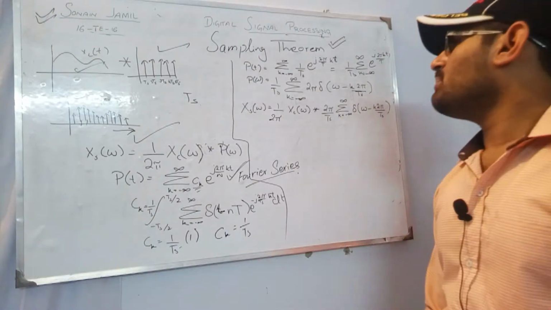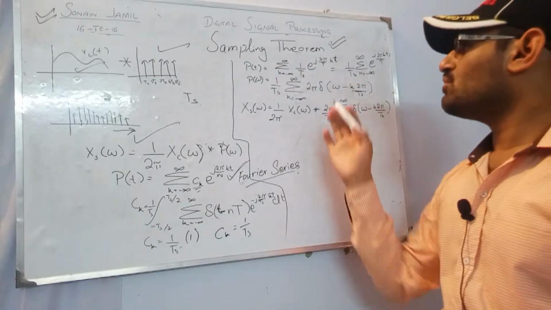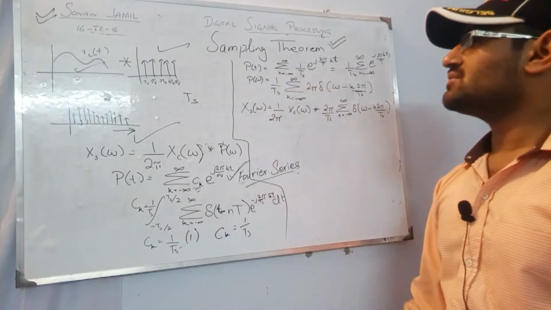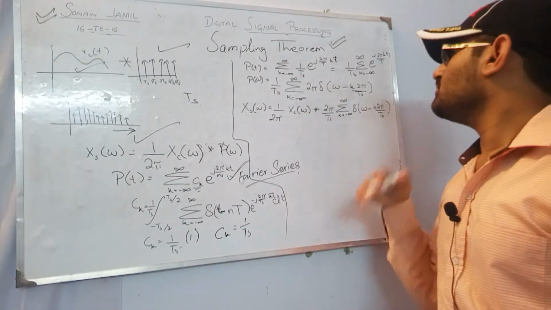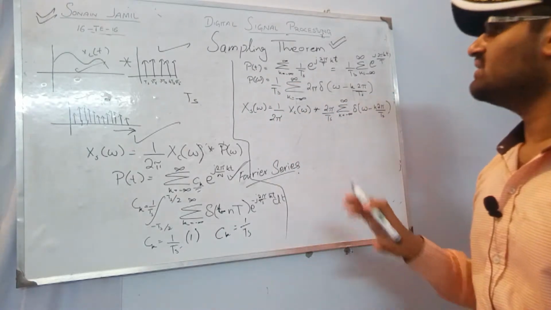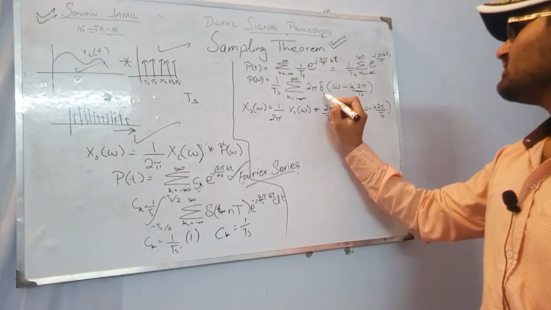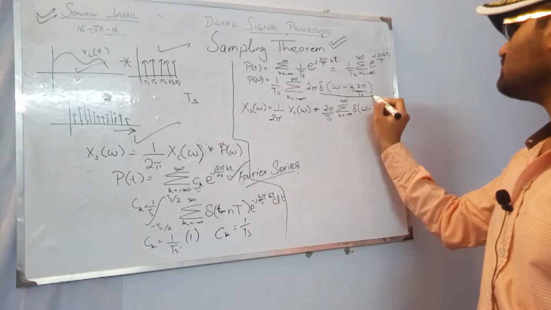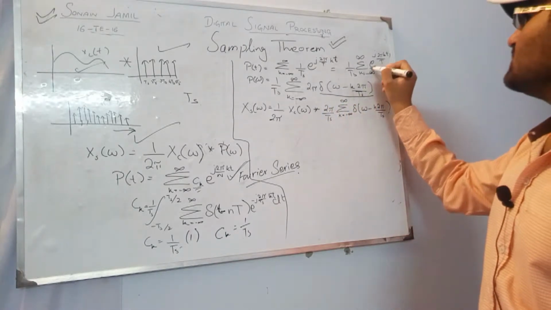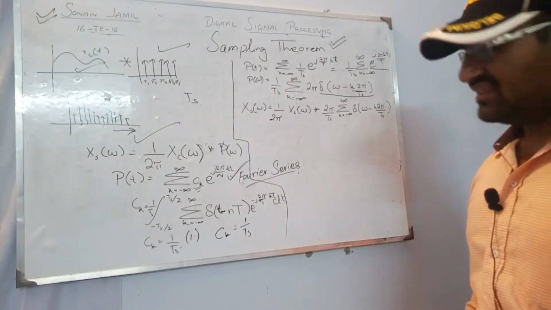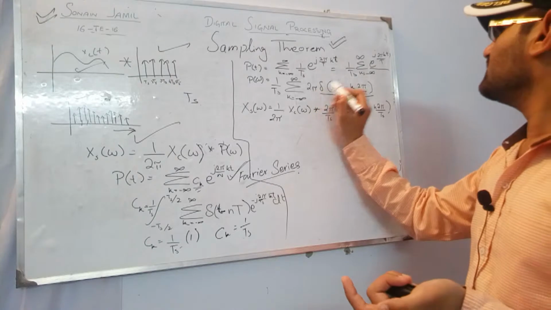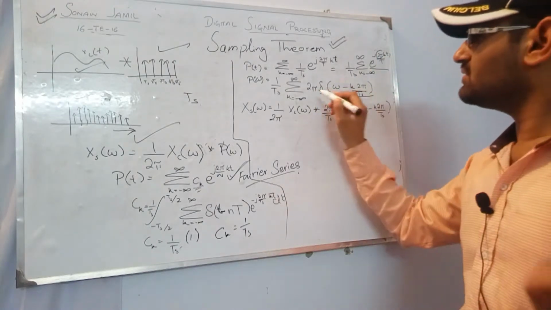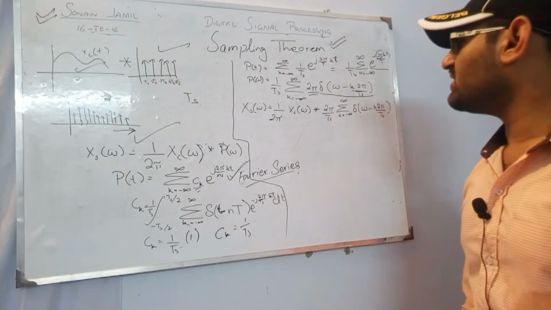If we apply the Fourier transform on this continuous signal in the time domain, in the frequency domain it will look like this, because this is the shift that I discussed in the last lecture, and this is the amplitude that has been multiplied there.